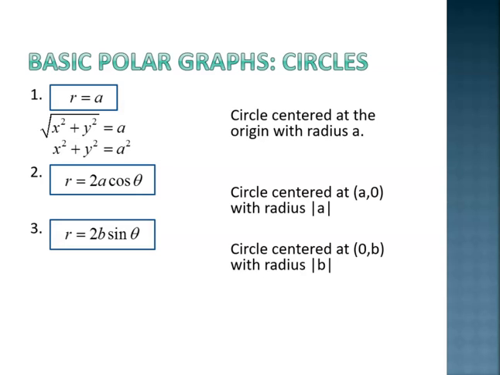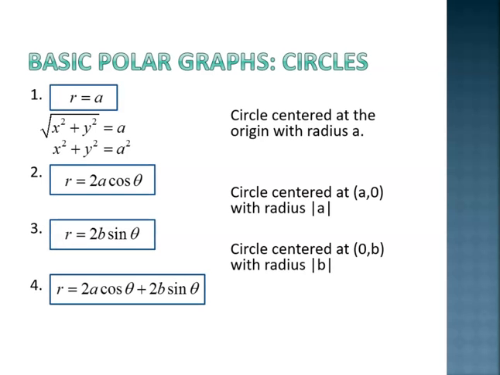But it could be anything, anywhere, right? It could be centered anywhere on your graph. So this last one is going to be combining both 2 and 3, combining where the x-coordinate is at a, the y-coordinate at b. And here is the equation, r equals 2a cosine theta plus 2b sine theta.